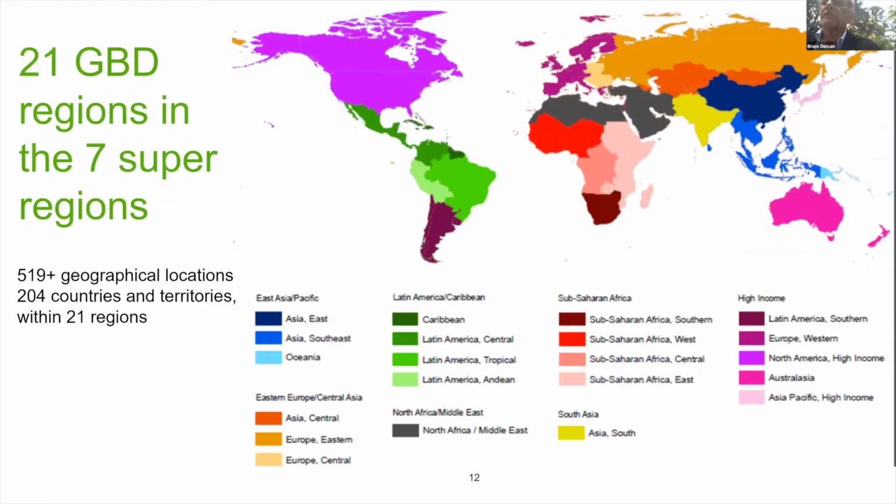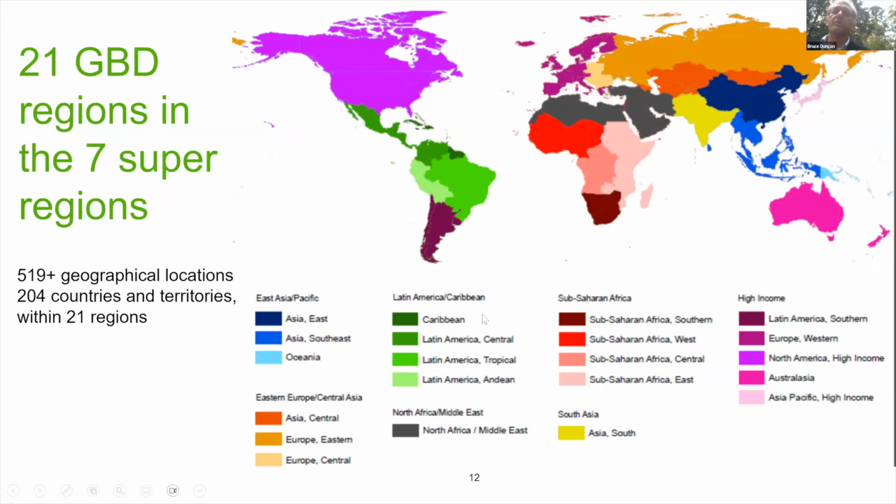There are other details in the methodology. One of the details is the GBD has divided the world into 7 super regions, which are shown in the key below, for example, East Asia Pacific or Latin America Caribbean. These super regions are divided into regions.